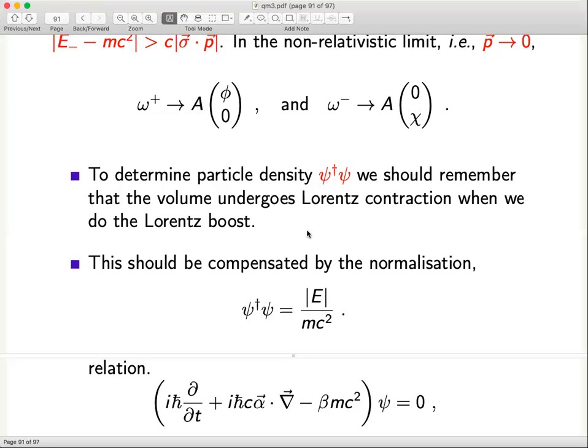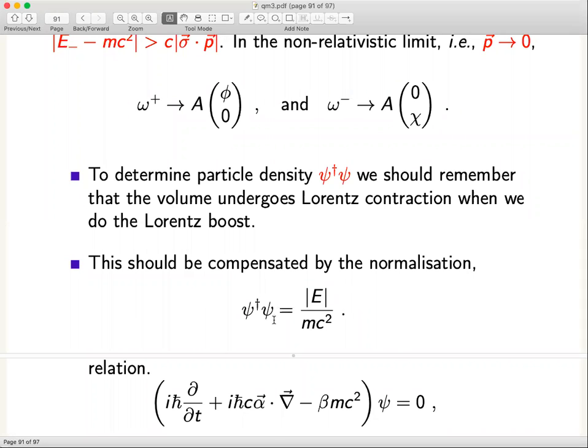Gamma is the gamma factor, which is 1 over the square root of 1 minus v squared by c squared. If I multiply by that factor, then it would agree with my result. But now you see mod E by mc squared is precisely the gamma factor, right? Why do we need to put mod E? Why not just E?